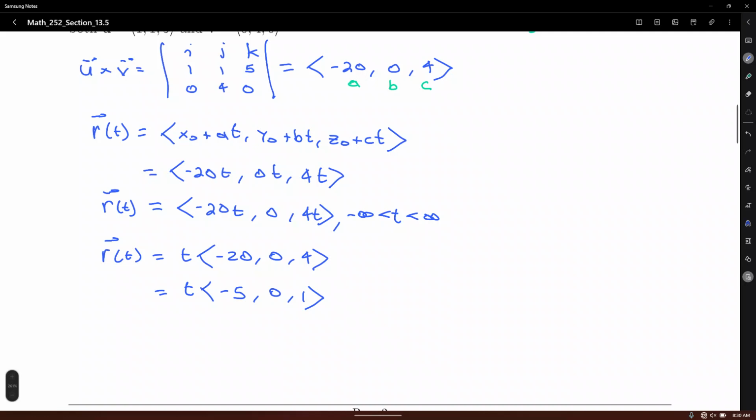So another way to represent this, well, if you want to divide by 2, fine. Negative 5 halves, 0, 1 half. Or divide by 4 or divide by 17, that's fine. It's still going to be the same. It's still going to go in the same direction. The direction is not going to change. Okay?